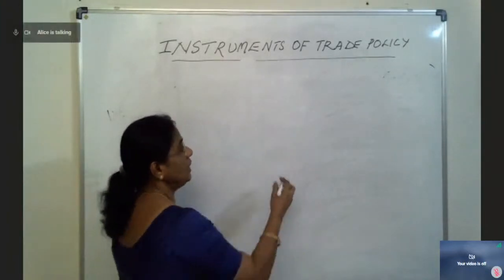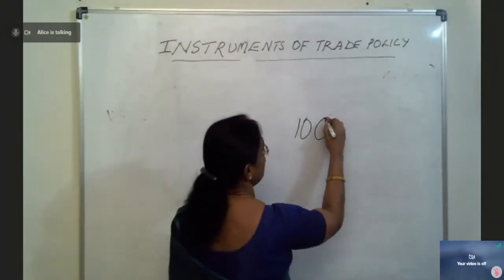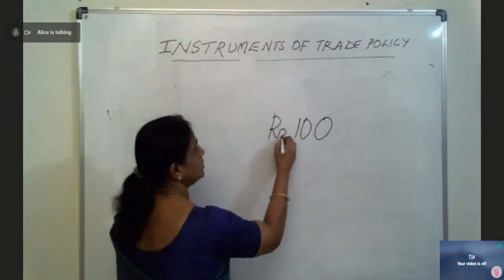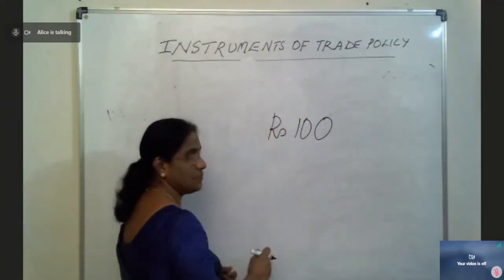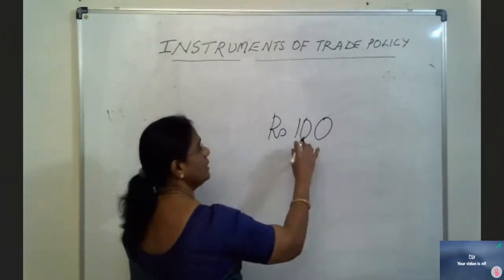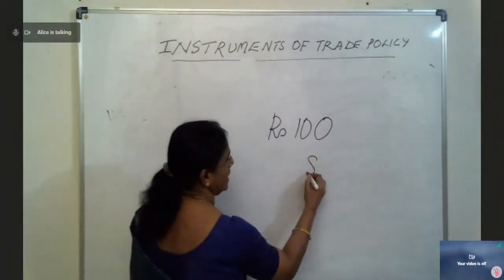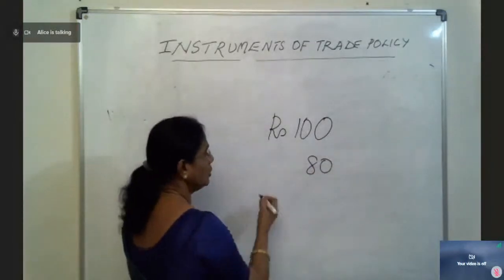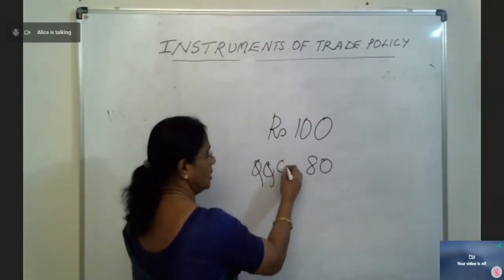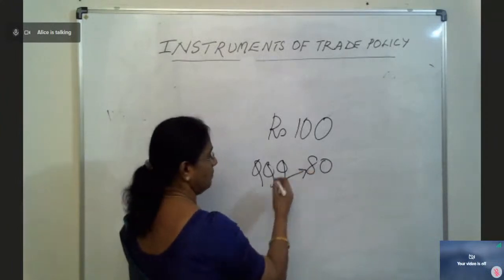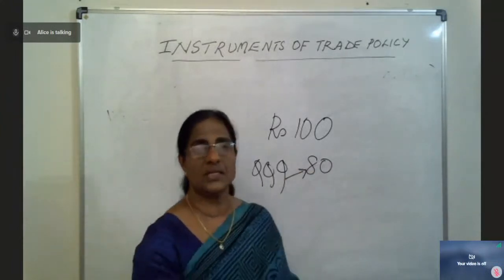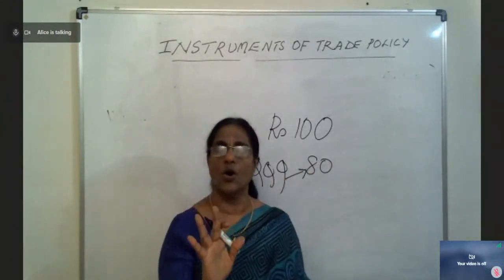For example, a domestic industry is making something and selling at rupees 100. If a similar quality foreign commodity comes at 80 rupees, what will people do? Come on. People would definitely prefer the 80 rupees commodity. Similar commodity in all respects.